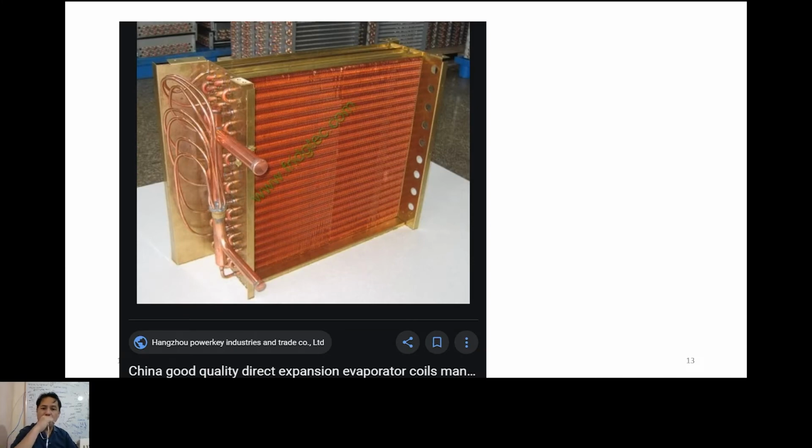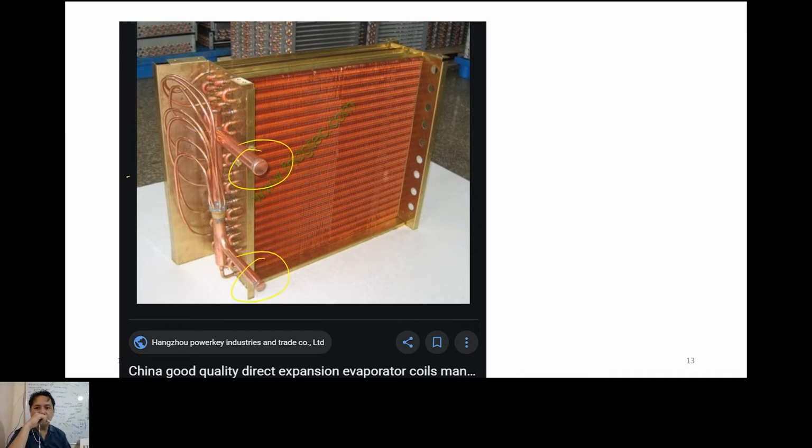Now this is the evaporator of a made in China unit. No, I just researched this morning. So could you tell me where's the suction and discharge? So there are only two ports, right? Or the tubes. This one and this one.